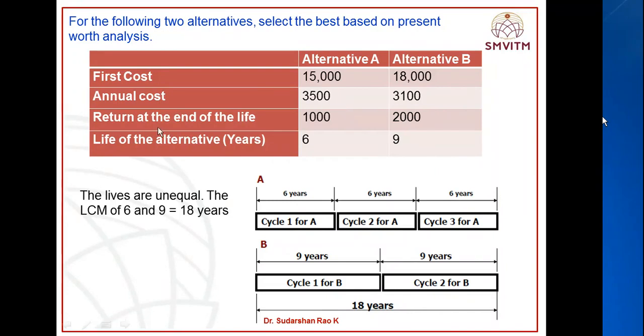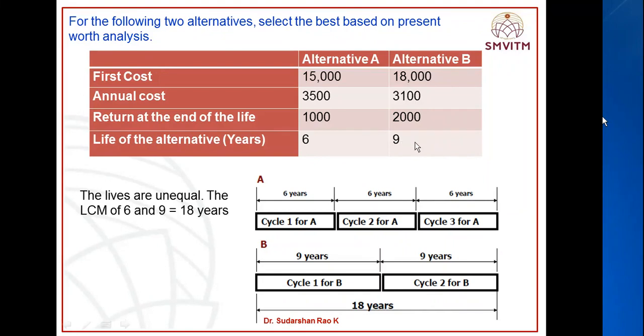Return at the end of the life, that is only once, the resale or salvage value of alternative A, is 1,000 rupees. The life of alternative A is 6 years. For alternative B, the first cost is 18,000, the annual cost is 3,100, and the return at the end of the life is 2,000, whereas it has a 9 year life.